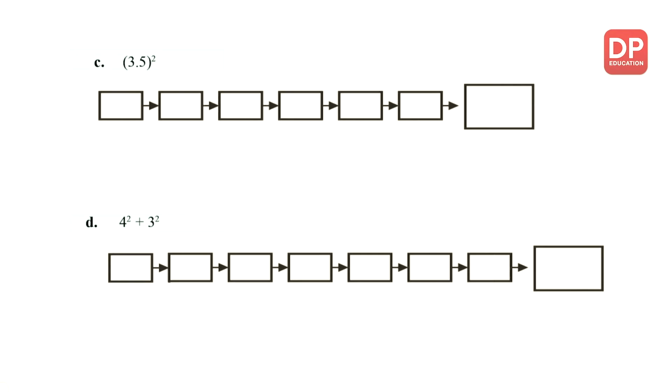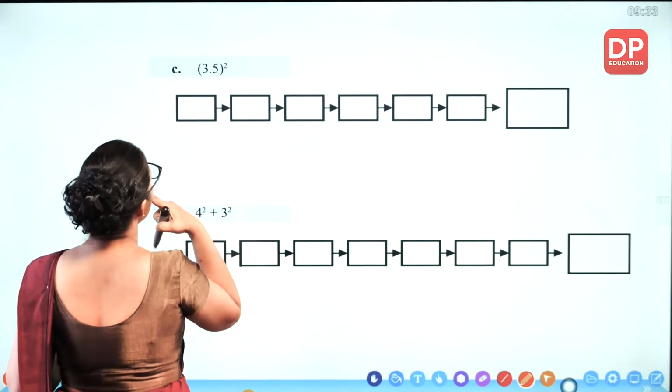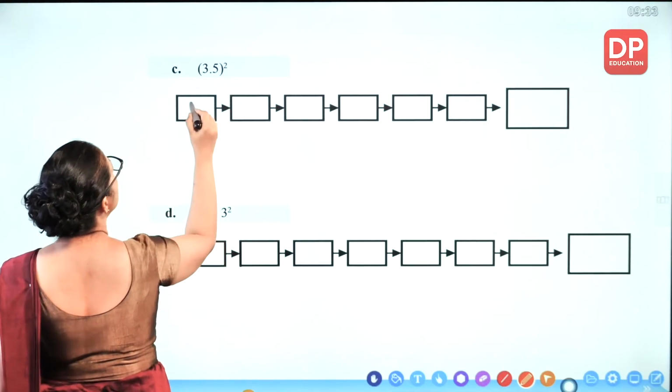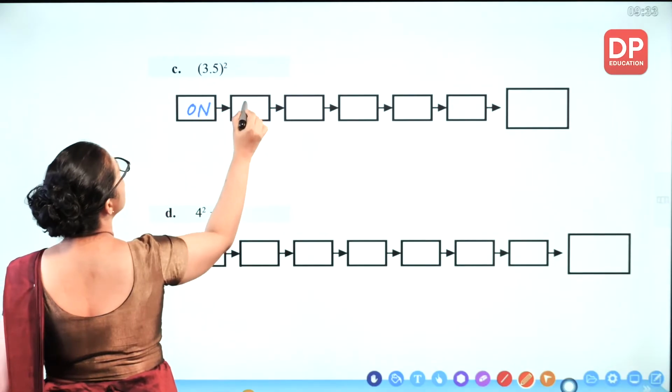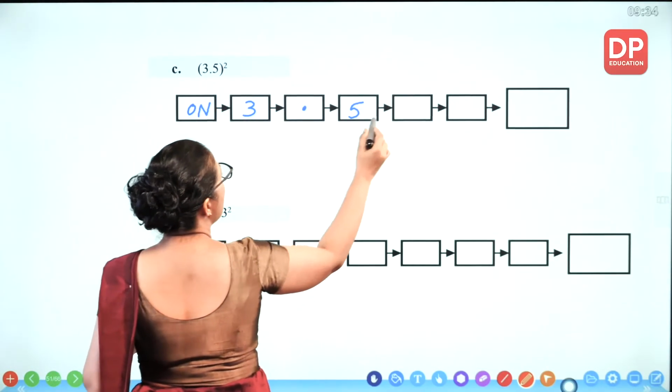3.5 squared. Here you don't need to put brackets because this is 3.5 is one number. Switch on, 3.5 and square.